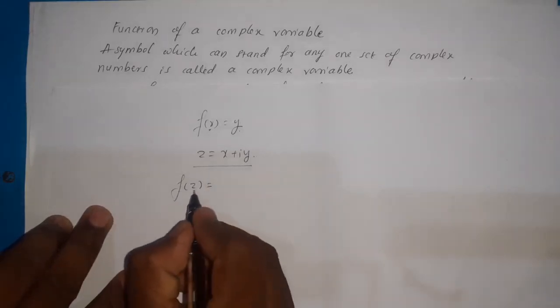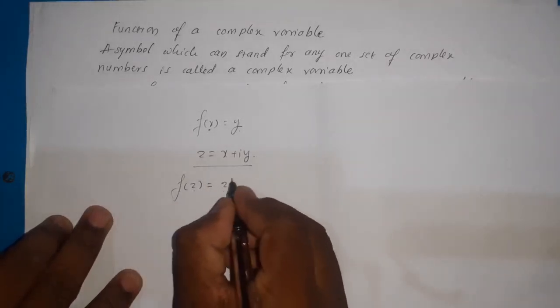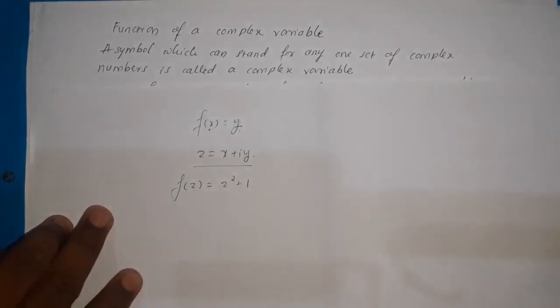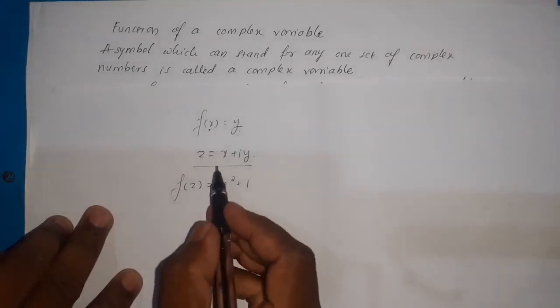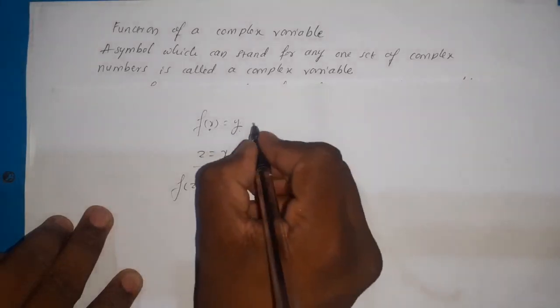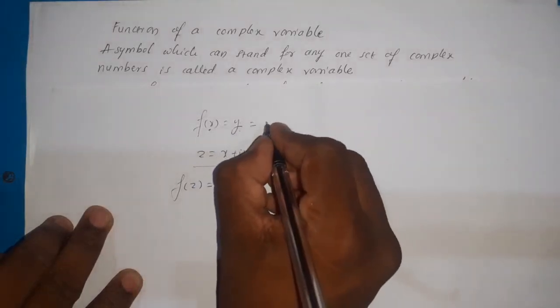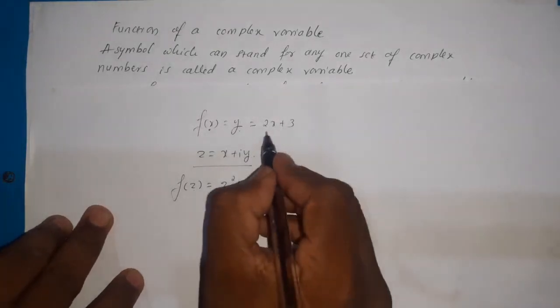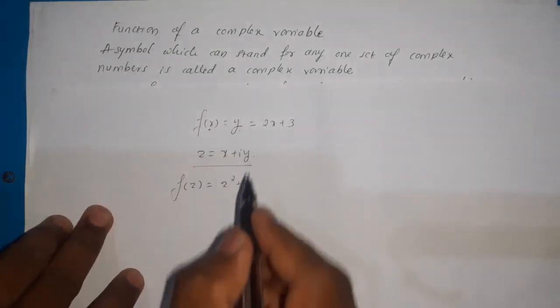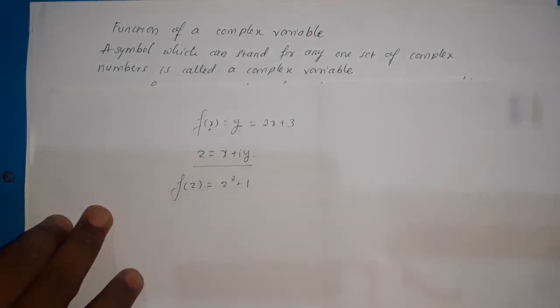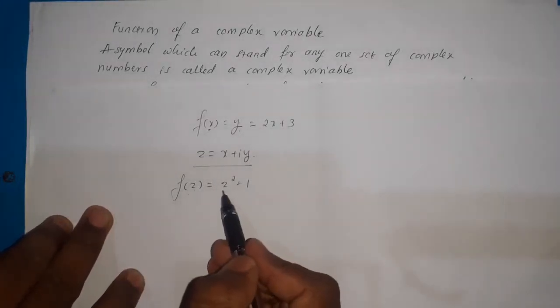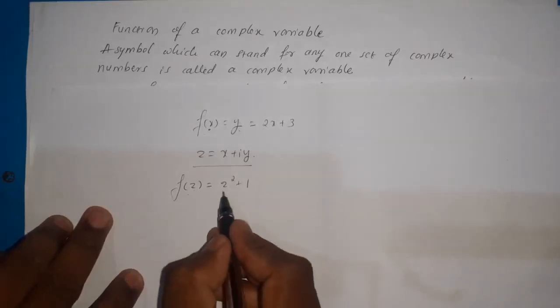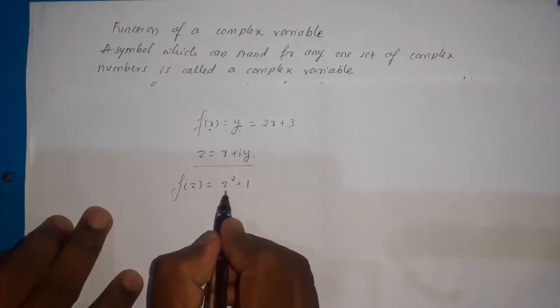Suppose f of z equal to z square plus 1. Here f of x equal to y means y will be a function of x, let it be 2x plus 3, which is a function of x. Similarly, f of z means that should be a function of z, hence that is equal to z square plus 1, where z equal to x plus iy.